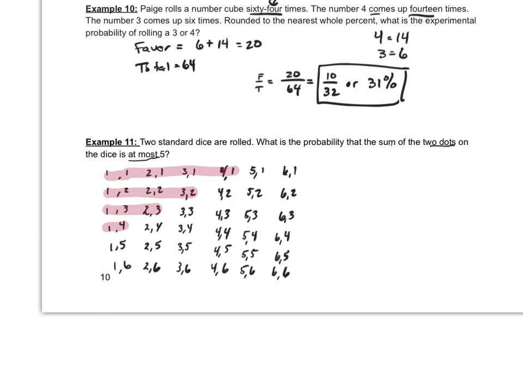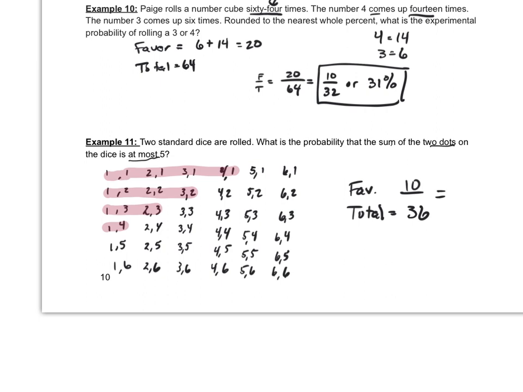Now we're talking about what are the total rolls that I would have had. The total we were looking at was going to be 36. 36 possible combinations. And the favorable outcomes, of course, were going to be 1, 2, 3, 4, 5, 6, 7, 8, 9, 10. 10 possible outcomes that met our condition of at most 5.